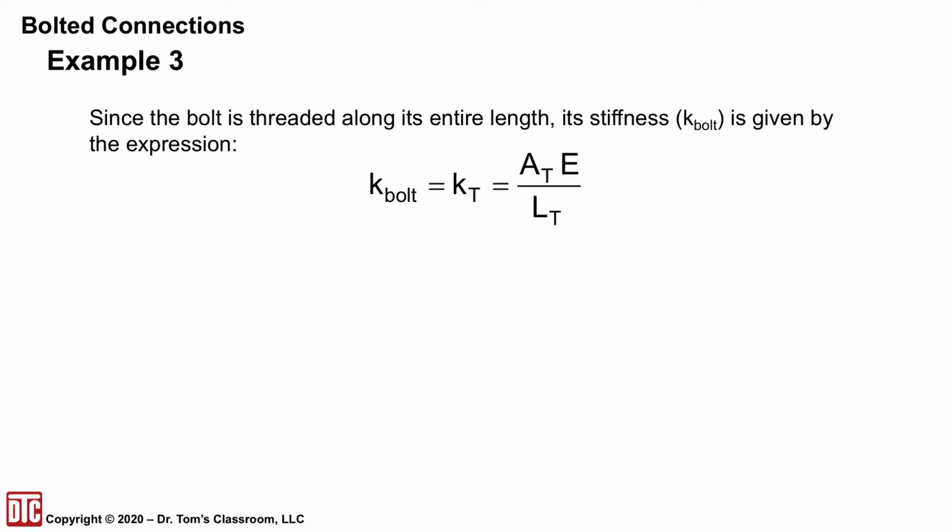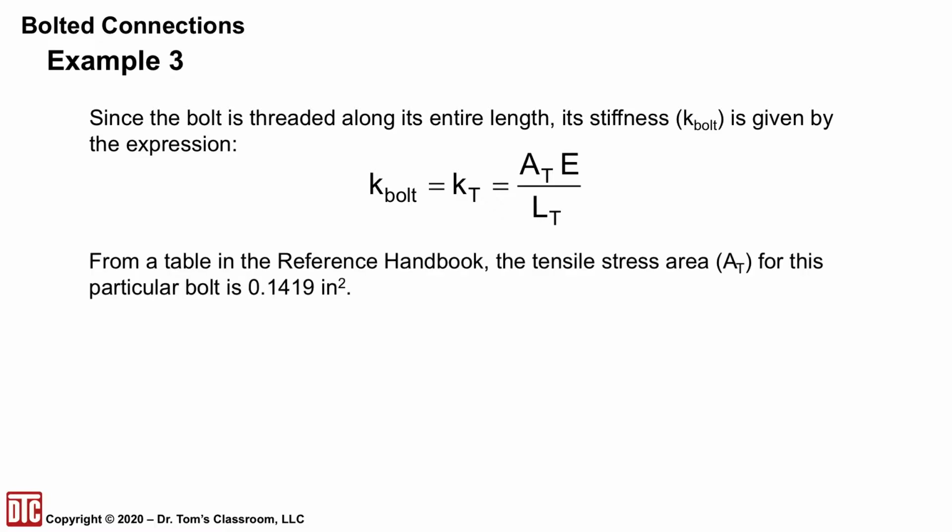Okay, well, we need the K bolt, which is K sub T. It's all threaded, A sub T, E over L sub T. From the reference handbook for this particular bolt, the tensile stress area is 0.1419 inches squared.